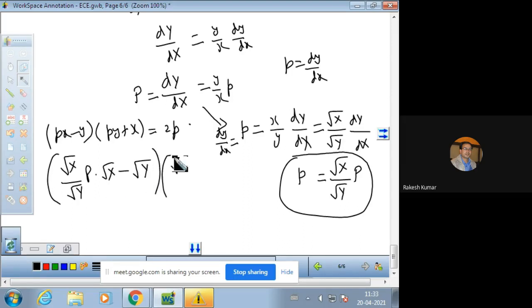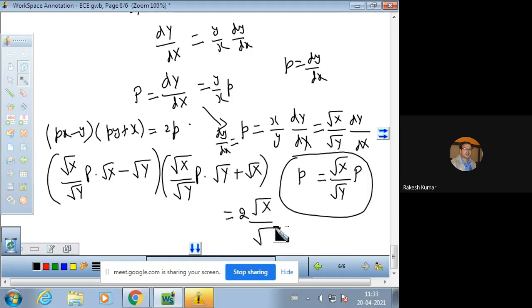So the value of P is again square root x over square root y into capital P, and the value of y is square root capital Y plus square root capital X. And on the right hand side, you will have 2 times square root capital X over square root capital Y into capital P.